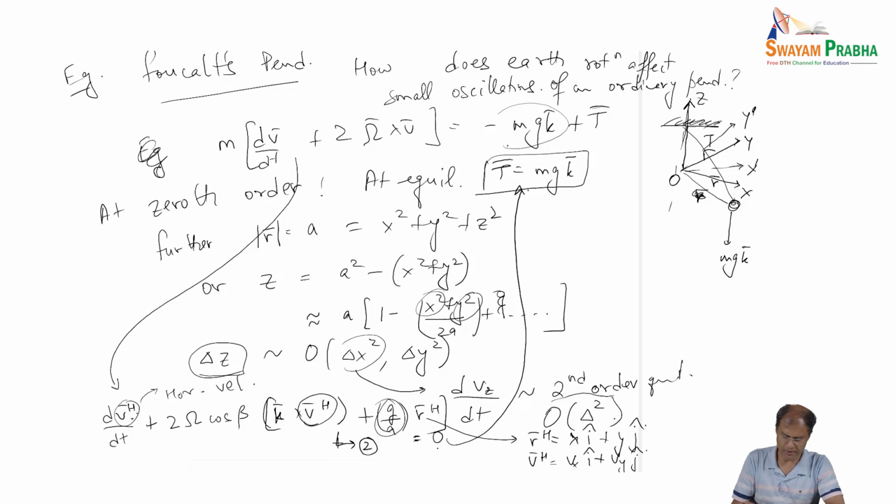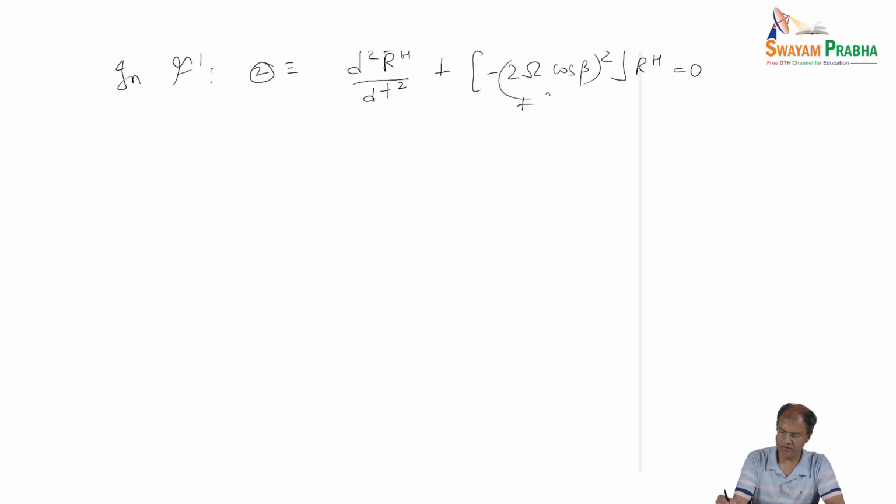We also have this plus G by A rh. So this is in the 2D motion, only in the plane. So this is the scalar equation.